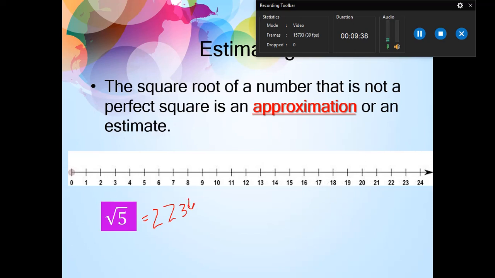So what that tells me is that the square root of 5 is located somewhere in here between 2 and 3. So 2 and 3 would be the consecutive numbers that come before and after.